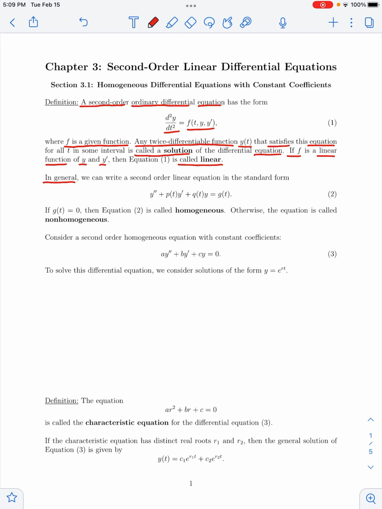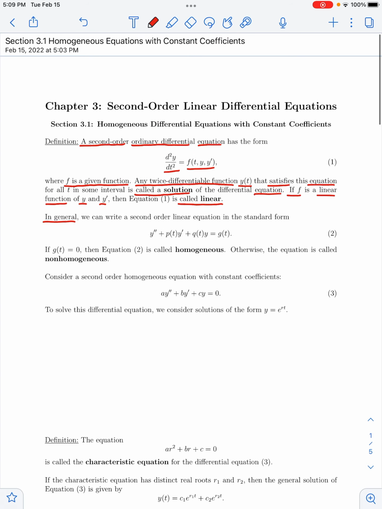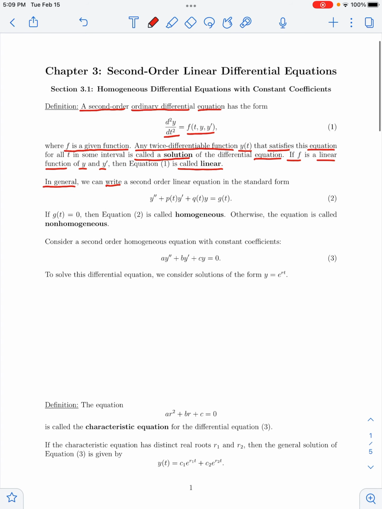And in general, we can write any second-order linear equation in what we call standard form, similar to standard form of a first-order linear equation. So it would have the form 1 y double prime plus some function p of t times the first derivative y prime plus q of t times y is equal to some function g of t.